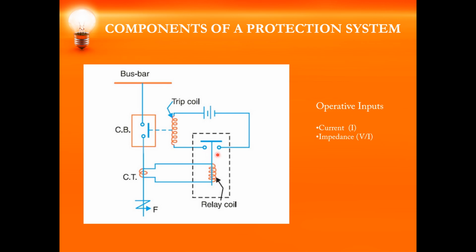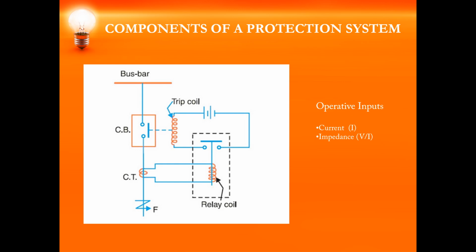Once it closes, the circuit is closed so that current flows through the trip coil, which in turn makes the moving contacts separate from the fixed contacts, so that you are disconnecting the faulty part from the main power system. This is how the protection system operates.